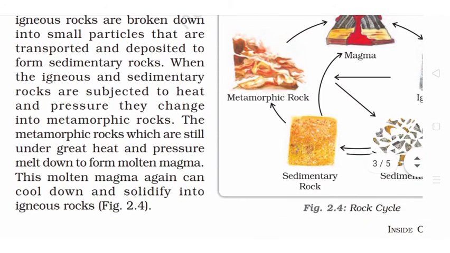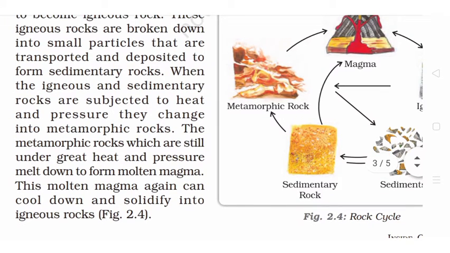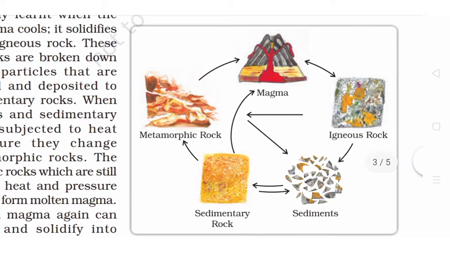When metamorphic rock is kept under very much heat and pressure, what happens? They melt down again, and then magma forms. Metamorphic rock also forms magma. So magma makes igneous rocks, then igneous makes sediments, sediments make sedimentary rocks, sedimentary rocks make metamorphic rocks, and metamorphic rock makes magma.